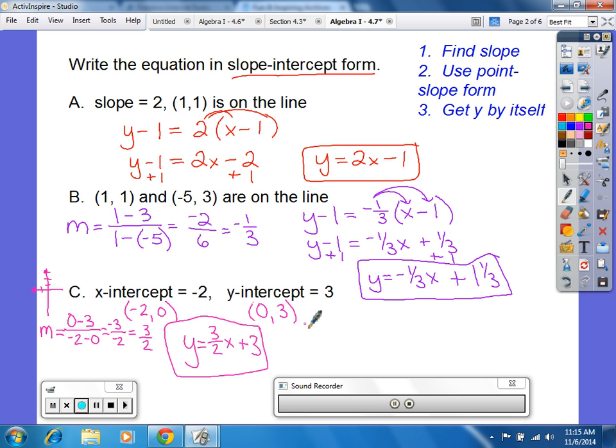So I'm going to use this point, so it would be y minus 0 equals 3/2 times x minus negative 2, so x plus 2. Y minus 0 is just y, and if I distribute, I get 3/2 x plus 3/2 times 2, which is 3. As you can see, you get the same equation either way.